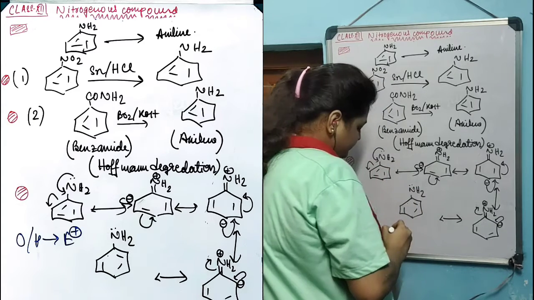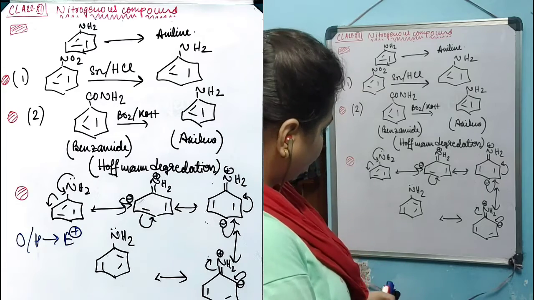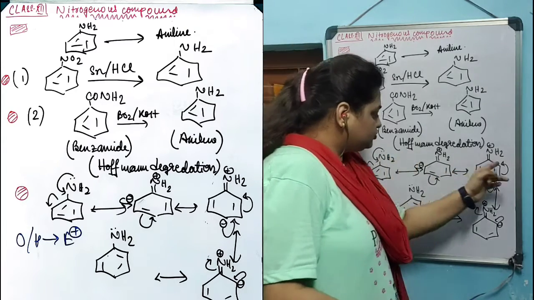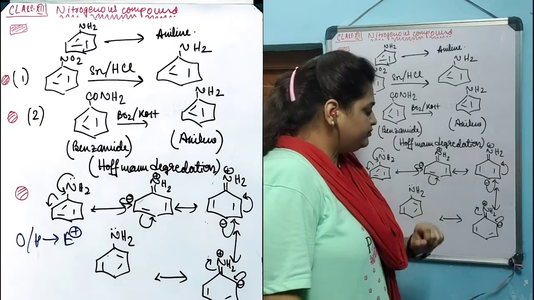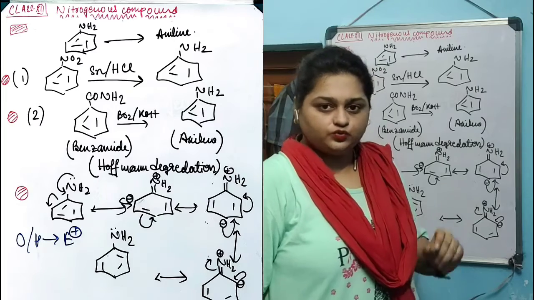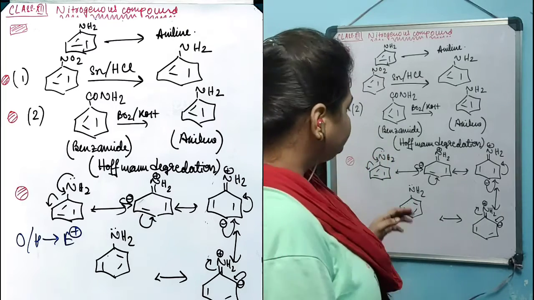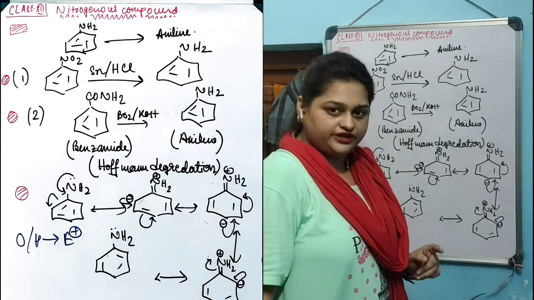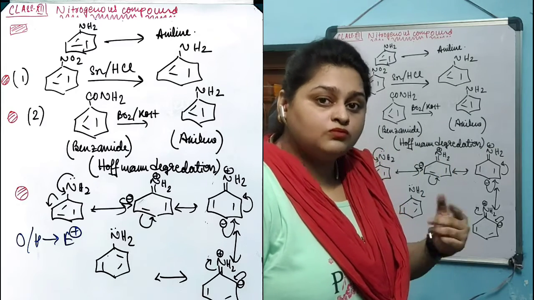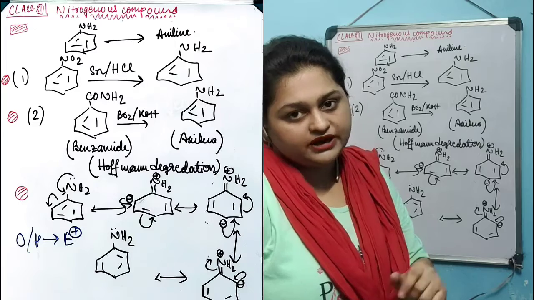From these resonating structures of aniline, we can observe that the two ortho positions and one para position contain negative charge, which increases the electron charge density on the two ortho and para positions more compared to the meta position.